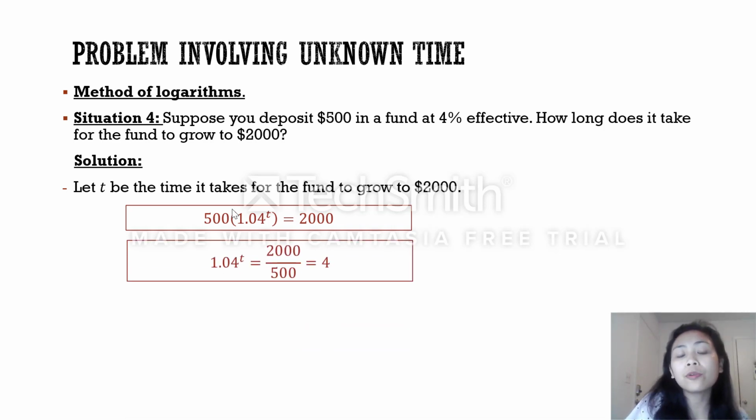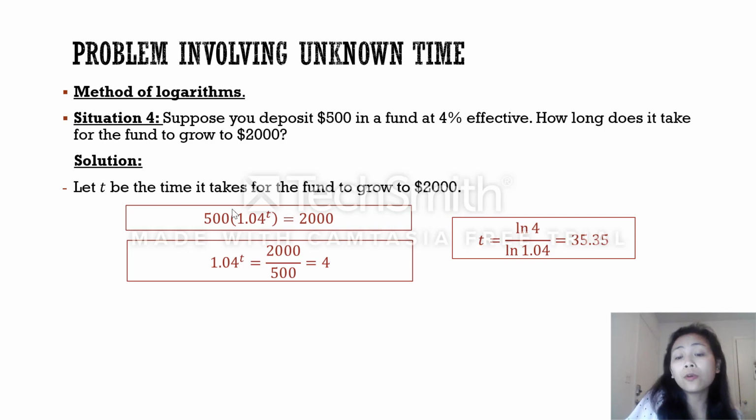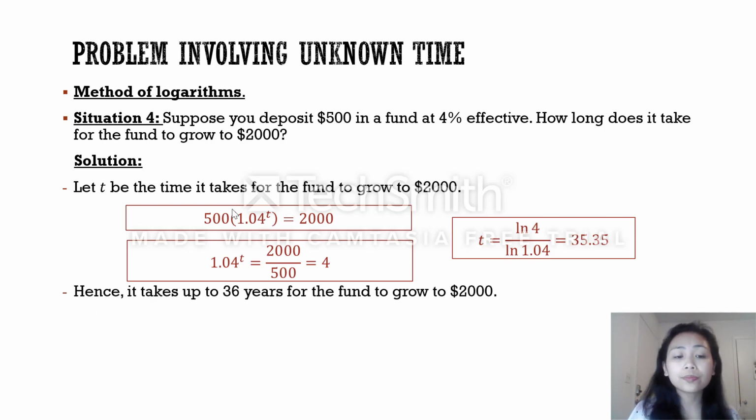We have 1.04 to the t is 4. Then we take the natural log of both sides and solve for t. So t should be equal to the natural log of 4 divided by the natural log of 1.04. And that is 35.35, so it's around 36 years. So, conclusion: it takes up to 36 years for the fund to grow to $2,000. So that is the first method.